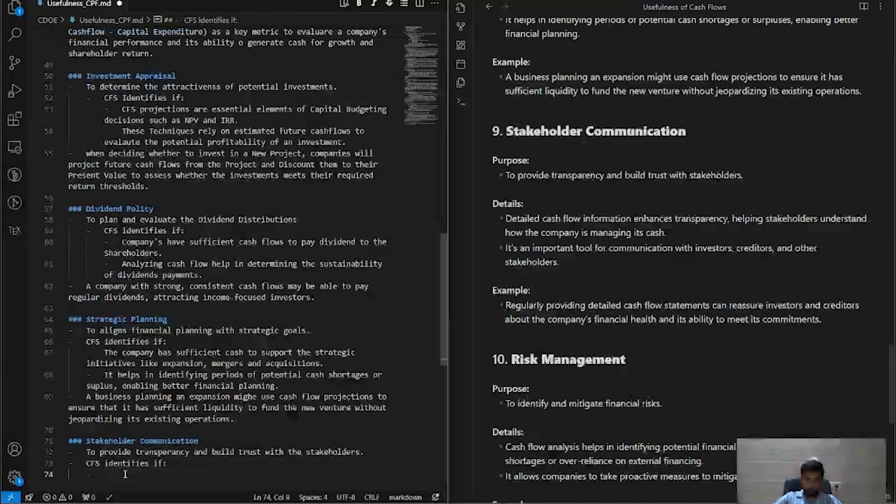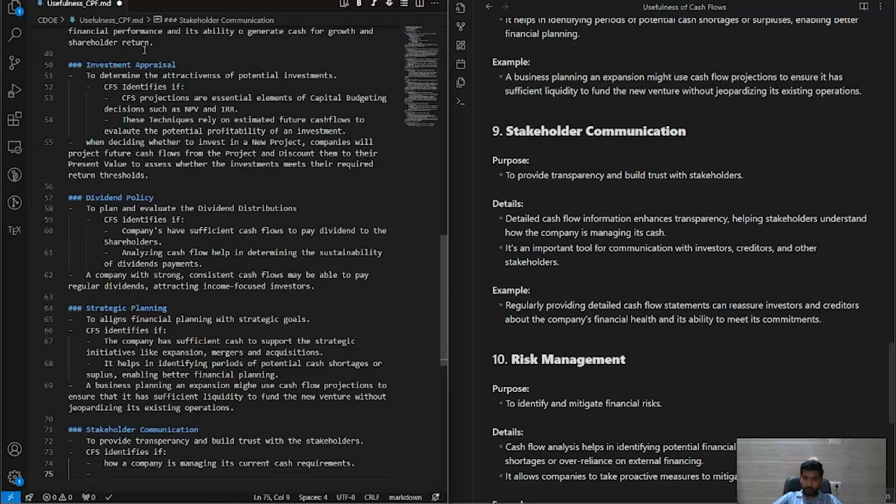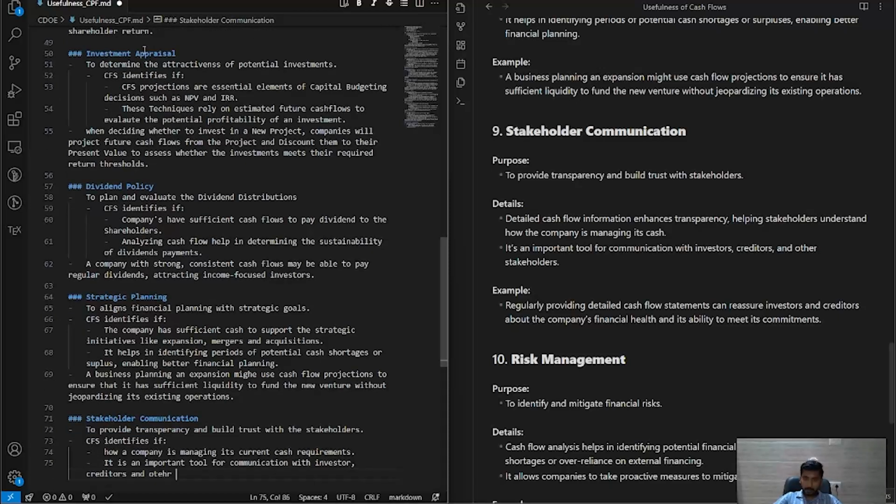The detailed cash flow information enhances the transparency, helping the stakeholders to understand how a company is managing its current cash requirements. It is an important tool for communication with investors, creditors, and other stakeholders.